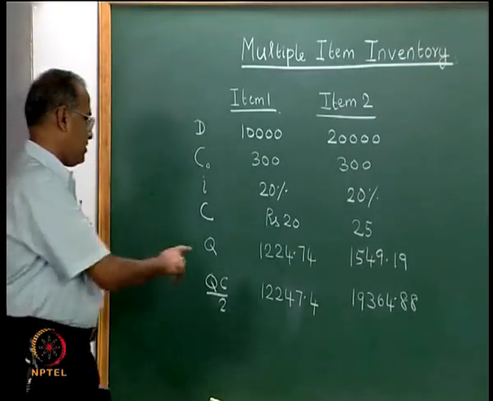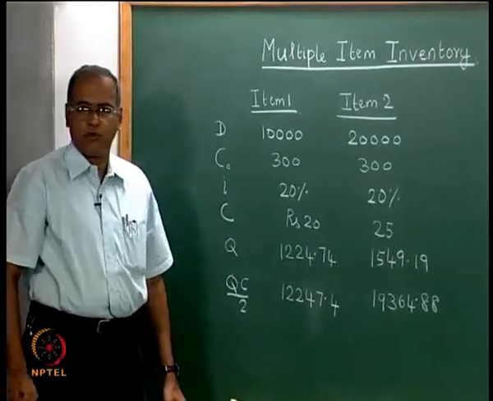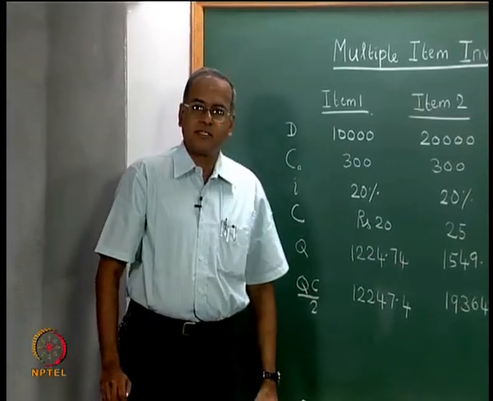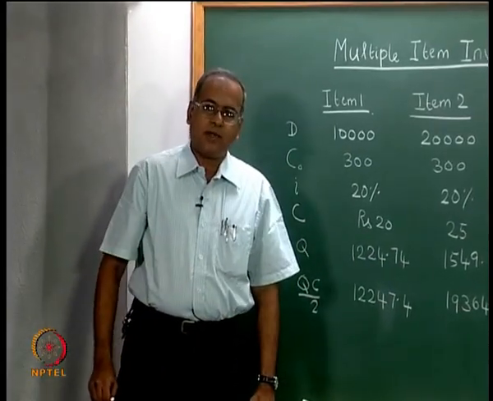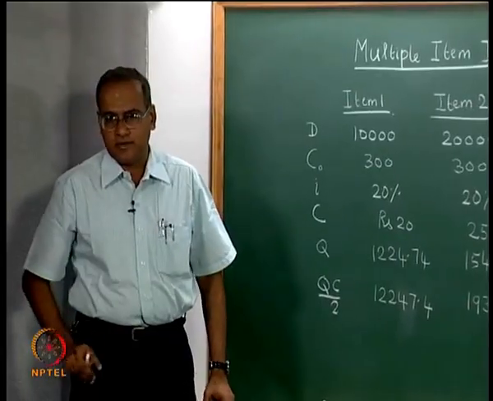So, this amount, 12,247.4 and 19,364, represent the money value of the average inventory.